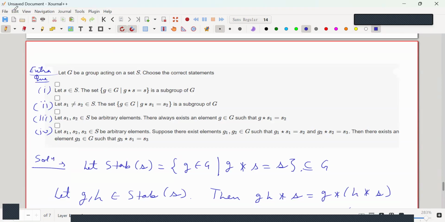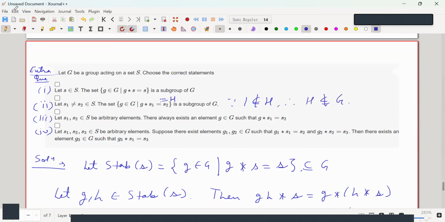The identity does not belong to it. Very good. So since the identity does not belong to, let's say this is some set H, therefore H is not a subgroup of G.